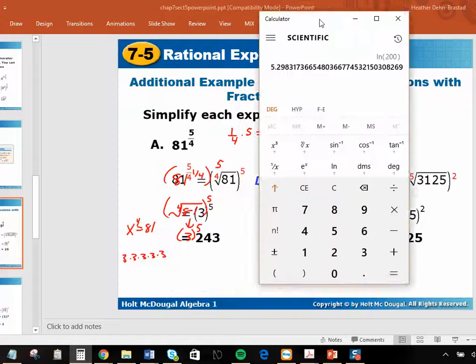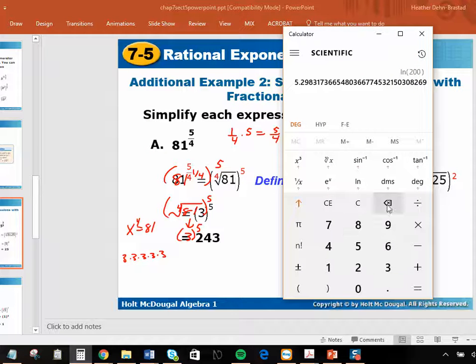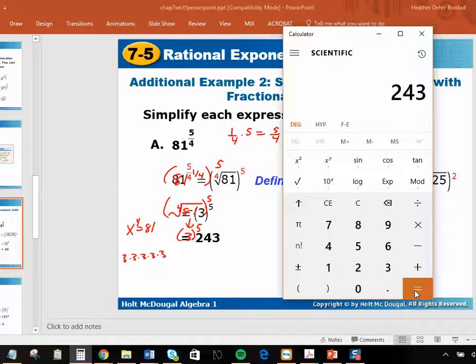If I want to do 3 to the 5th, I'm going to clear this and then go 3, and then I click the X to the Y button, and then 5. So 3 to the 5th is equal to 243. And there's the answer there.